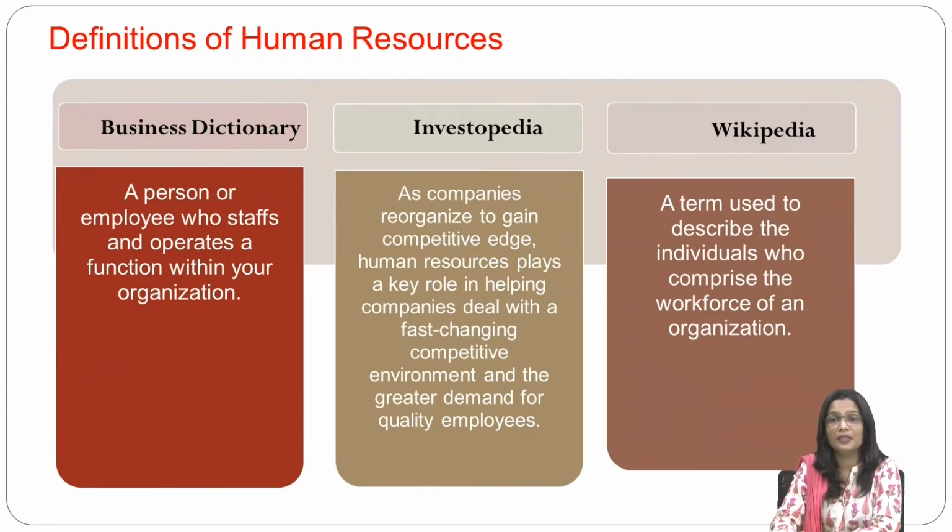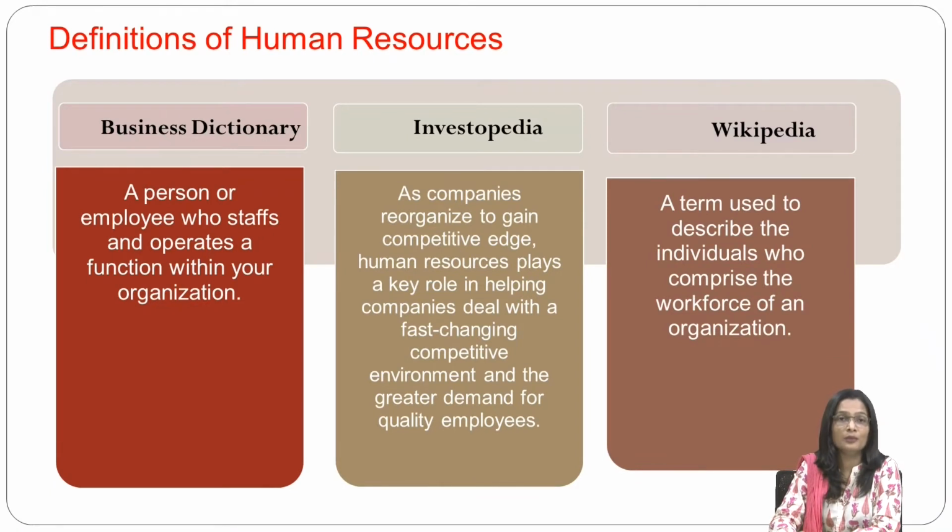Now, this is a very important aspect because these are definitions which are standardized and accepted worldwide. So, what we are going to do is understand these definitions in isolation, and then try to integrate the meaning of these definitions together. Let's start with the first definition, given by Business Dictionary.